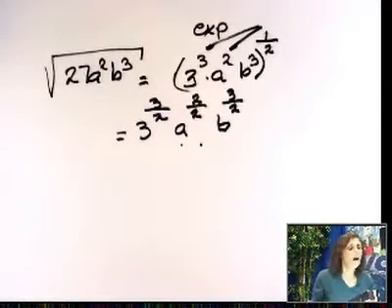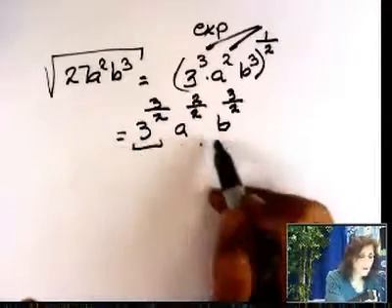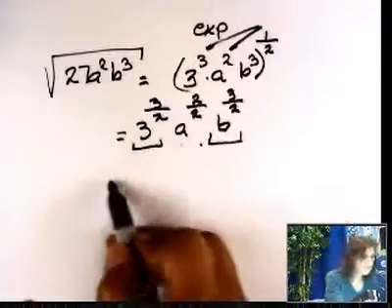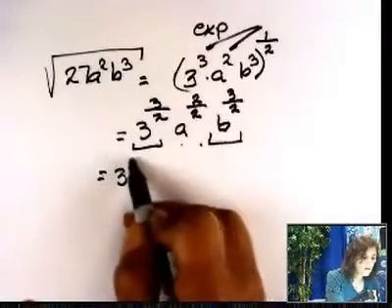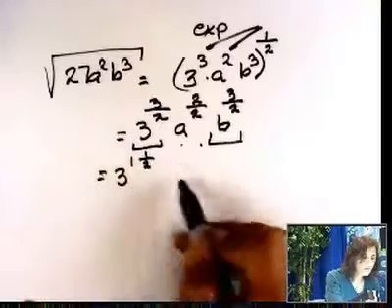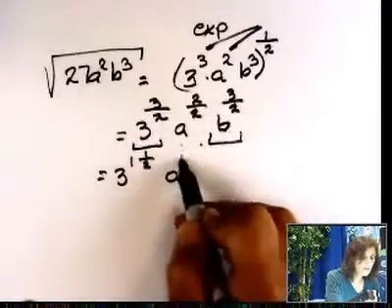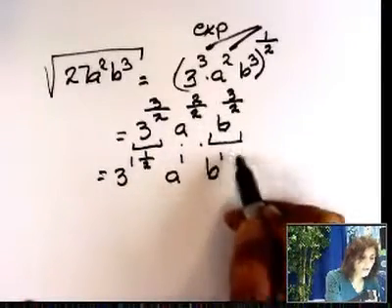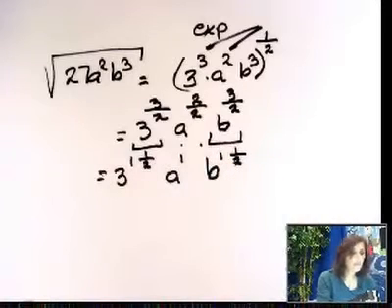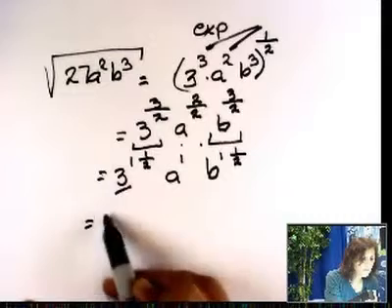Okay? Now, change the improper ones into mixed numbers. 3 to the 1 and 1/2. A to the 2/2, that's 1. B to the 1 and 1/2. Then take the whole numbers out. That there's the 3 to the 1, which is 3.